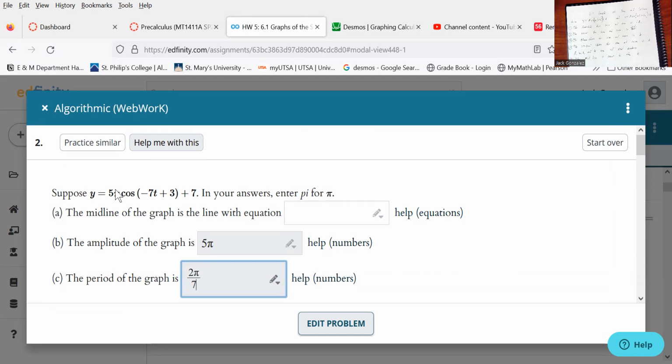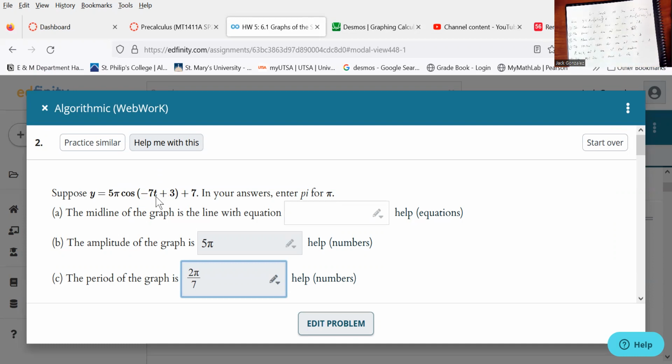And then for the period, it's gonna make it go quicker, right? Yeah, if it's bigger than 1, yes. But if you have a fraction here, then it's gonna shrink it. If it's greater than 1, then it will always stretch it. If it's a number between -1 and 1, then it'll be shrinking it down.